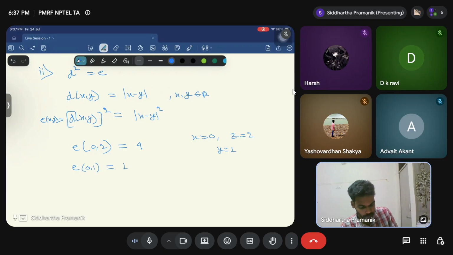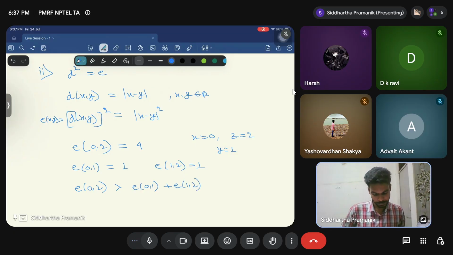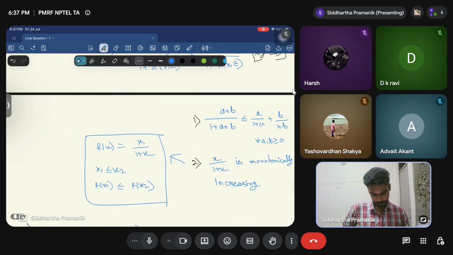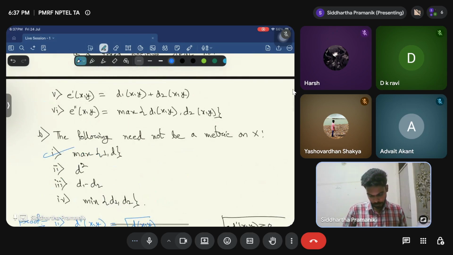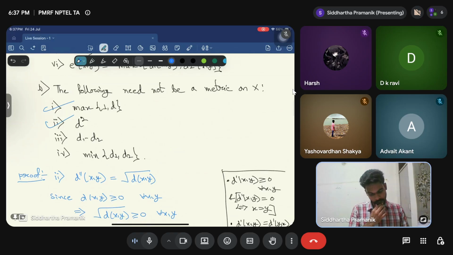This is 1, and e(1,2), this is also 1. So e(0,2) is actually bigger than e(0,1) plus e(1,2). So triangle inequality is not holding. Okay, so d square is not a metric.